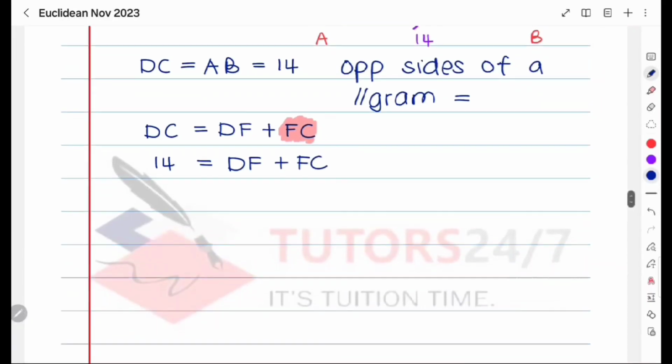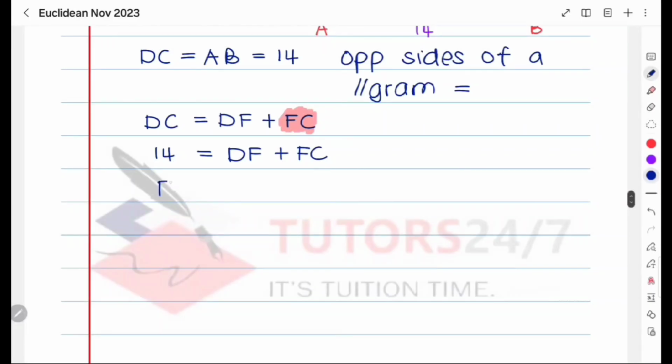Let us try to solve for FC. So we're going to get FC is equal to 14 minus DF. That means that if we are able to find DF, we will then be able to find FC.